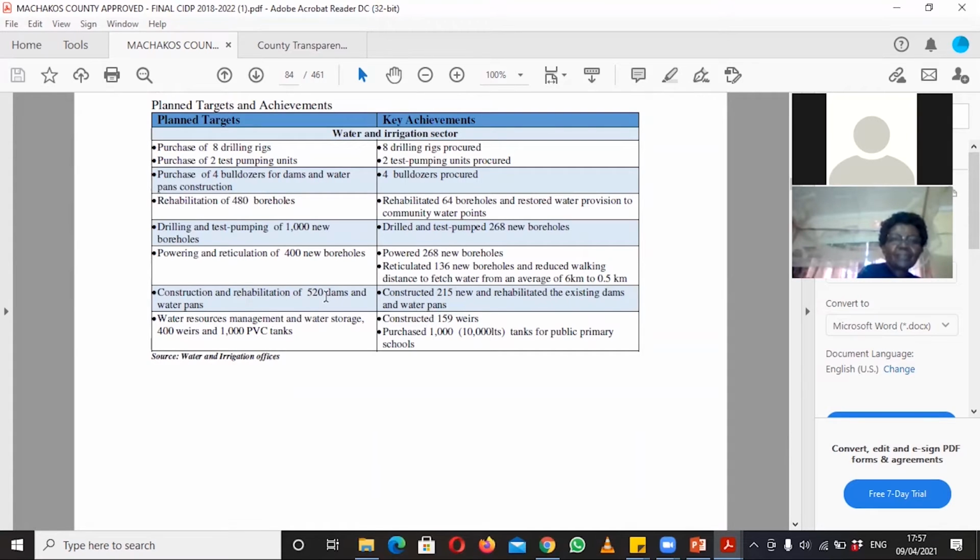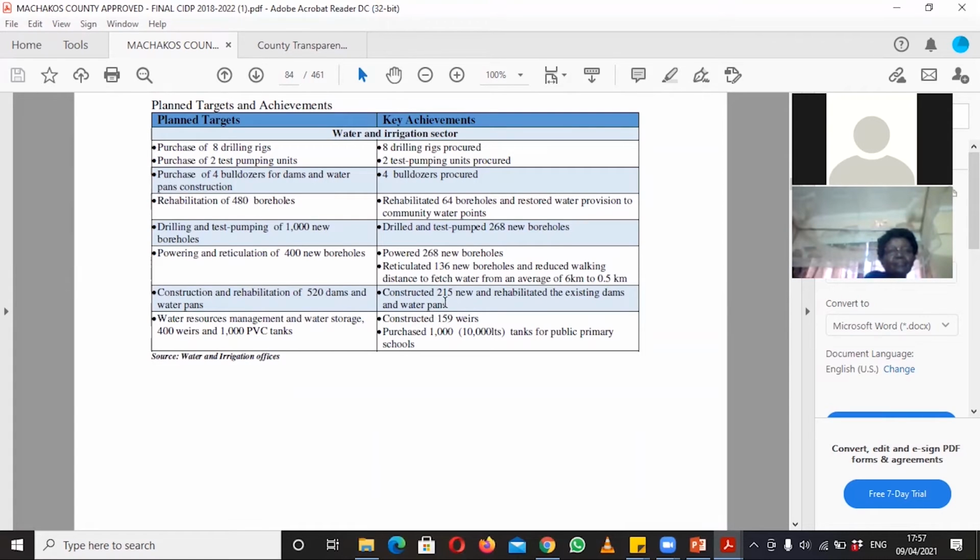So, like ours, because of politics, it ended up being constructed in this current CIDP. So it was constructed in 2018, though it was approved to be constructed in the previous CIDP, 2013 to 2017. So when they say construction and rehabilitation of 520 dams and water pans, you can see that the actual ones are just 215.